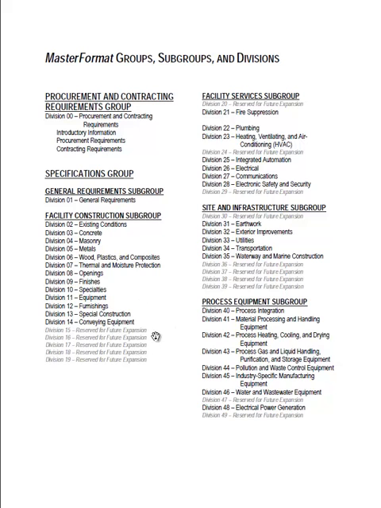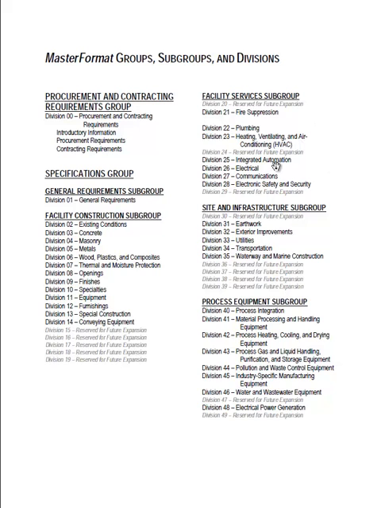We have some reserved for future expansion, and then we get into the facilities construction subgroup. We get our facilities services subgroup, which starts at Division 21 with fire suppression, plumbing, heating, ventilating, and air conditioning, integrated automation, electrical, communications, and electronic safety and security.